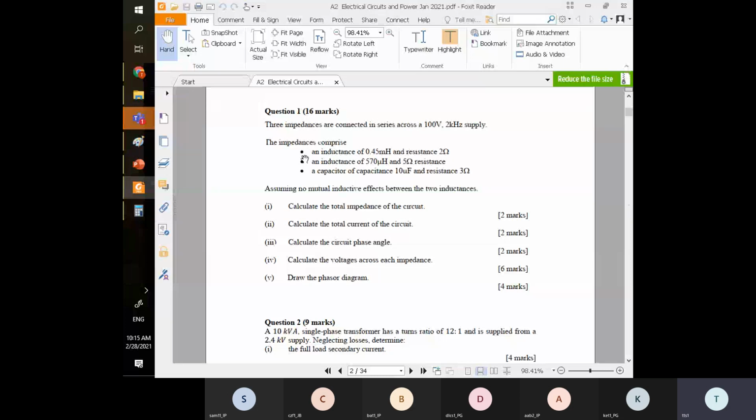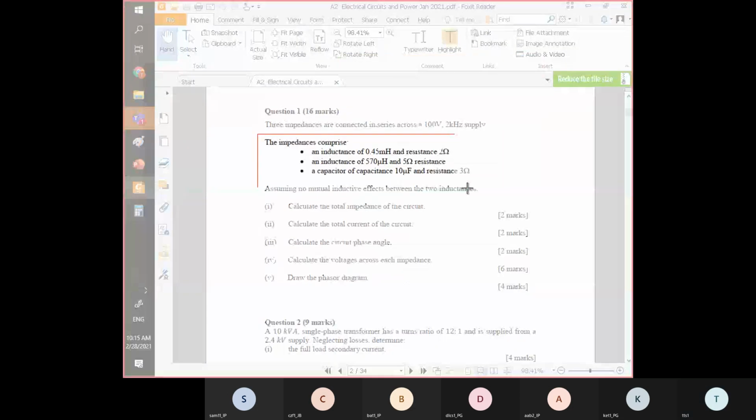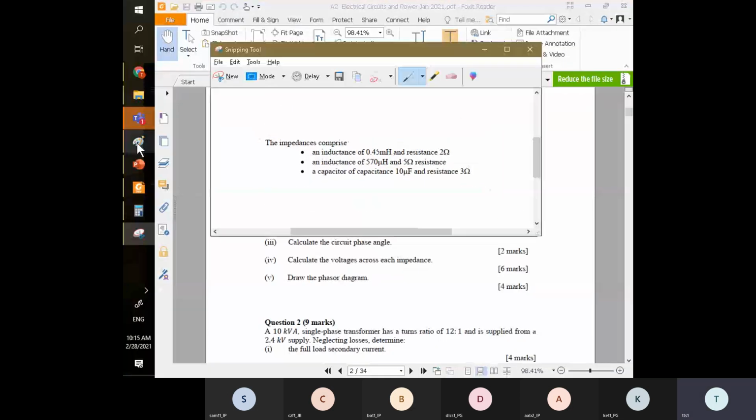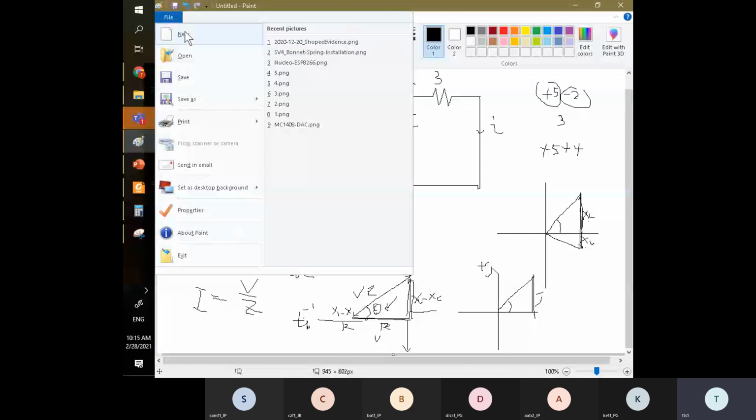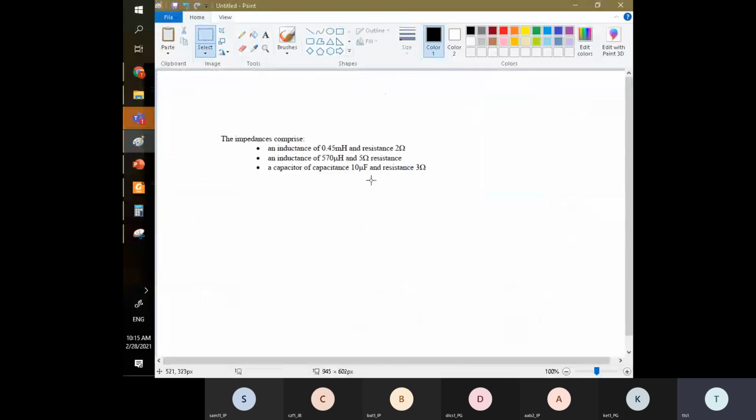When you all watch the video again, this is considered impedance number 1. This is considered impedance number 2. This is considered impedance number 3. So we have a total of 3 individual impedances.